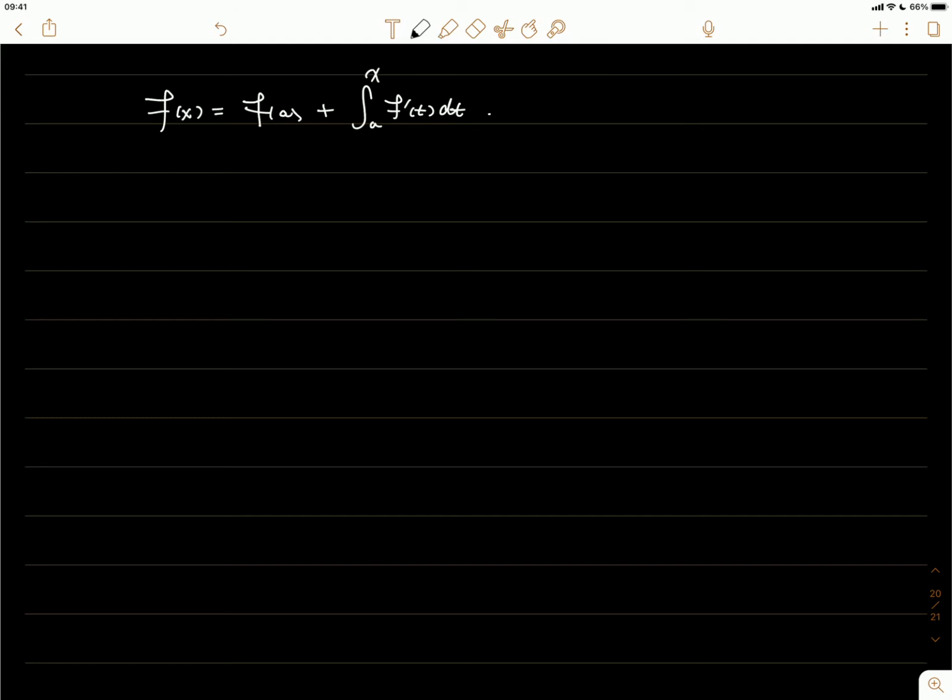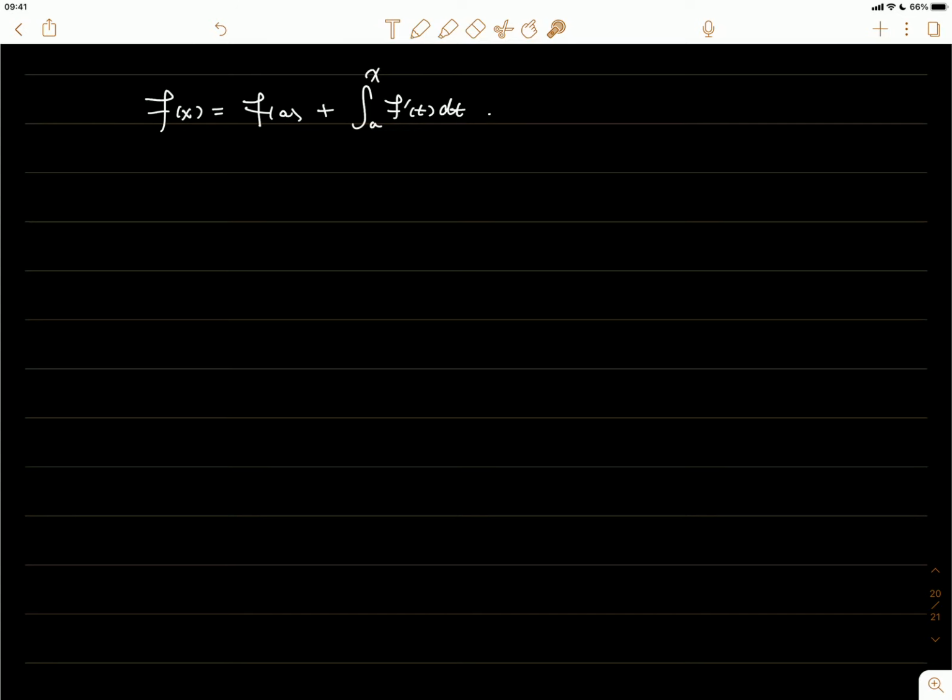That's what we are trying to show. We want to show that in which case the function f is differentiable, and the value of this function is equal to f of a plus the integral of its derivative. Okay, this is what we want to show.